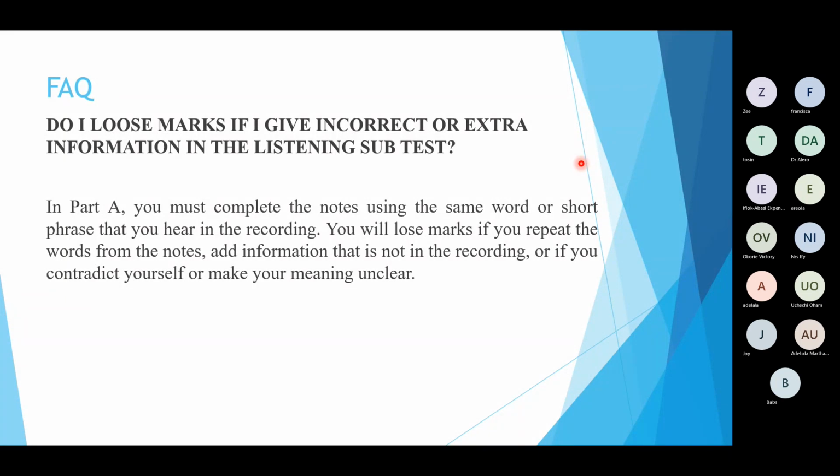So you will lose a score if you write tingling sensation and you repeat yourself. That's what we mean by repeating words from the notes. Or you add information that is not in the recording. You also lose a score if you add any information that you did not hear or that is not there in the recording, or if you contradict yourself or make your meaning unclear, you also lose a score for that.